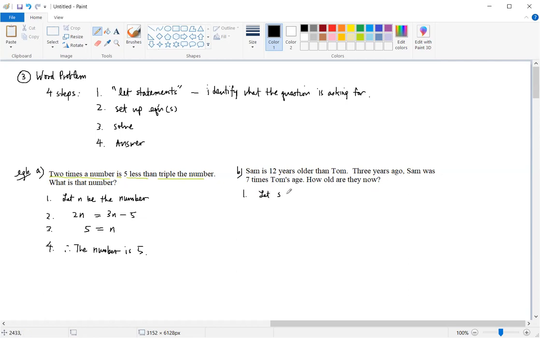Let S be Sam's age now, and let T be, if I haven't mentioned this before, this symbol is called ditto. Ditto means that it's the same as the word above. So let T be Tom's age now.